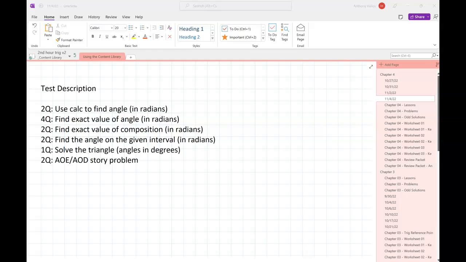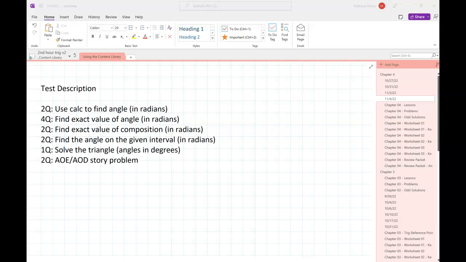You need the ranges for the inverses because no interval is given on that, right? Does it say on those four questions that I'm going to give you an interval? It does not. So you have to use the range for the inverses. So what do you need to make sure you write down on your note card? Those ranges. Okay?